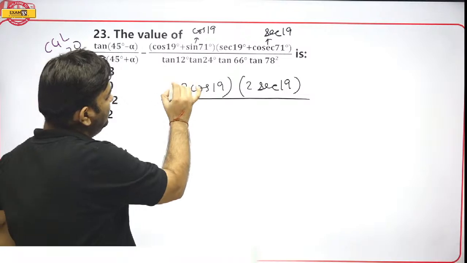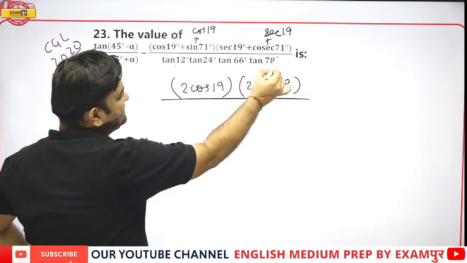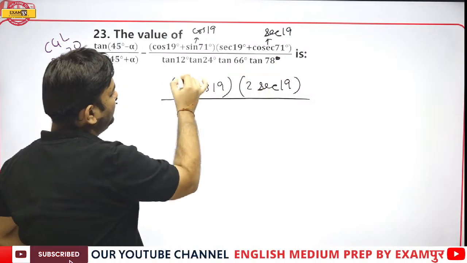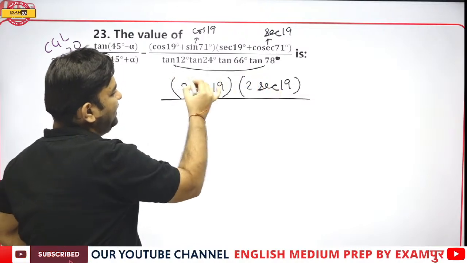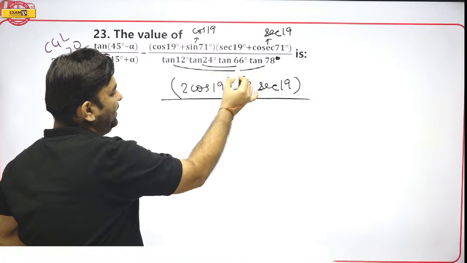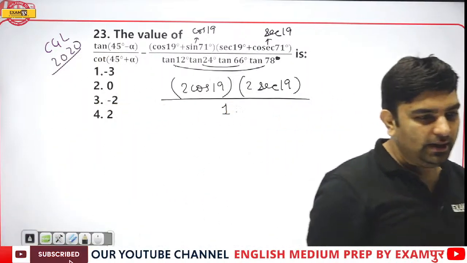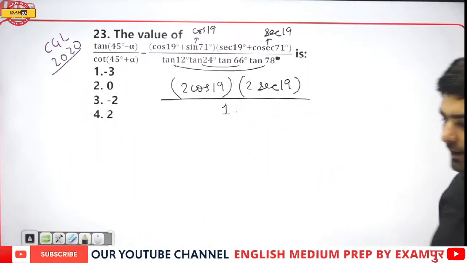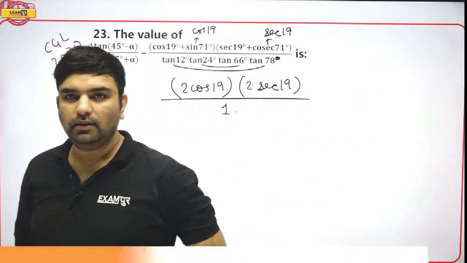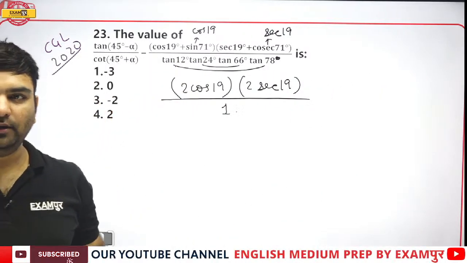Then tan A into, oh, this is not a square. Complementary pair tan A into tan B is 1.